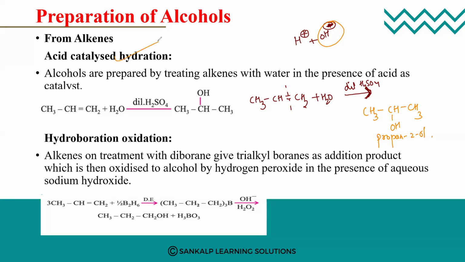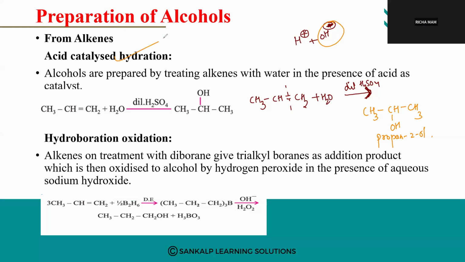So how are we going to get it? The first preparation is from acid catalyzed hydration. We treat the alkenes with water in the presence of acid.